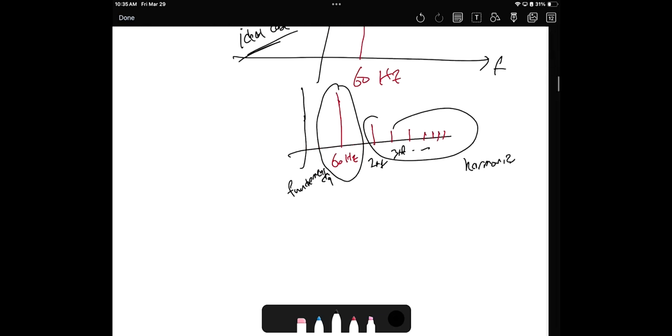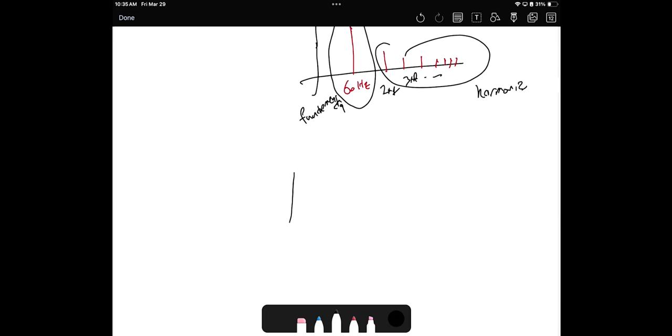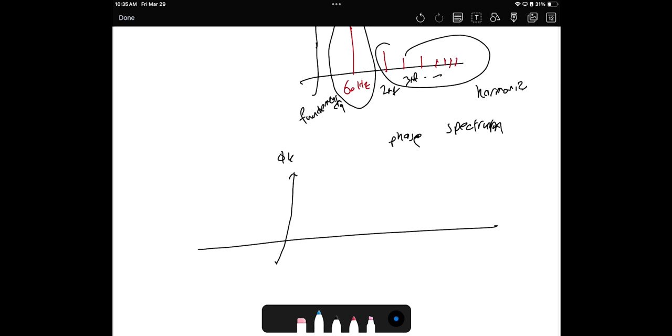So this is Ck. How about Phi-k? Phi-k is the phase spectrum. And you will see the phase at F0, for example, 2F0, 3F0, etc. For example, it must be bounded between pi and negative pi.